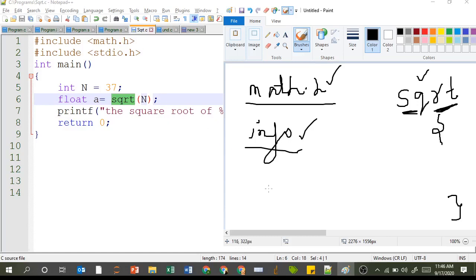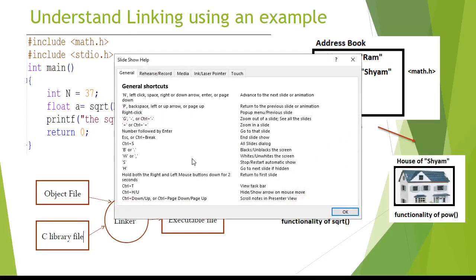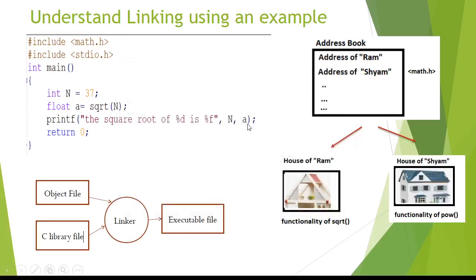Right? So let's understand this again. Let's take this example where we have an address book, and let's say in the address book we have the address of Ram and the address of Sham stored. But the actual house of Ram and the actual house of Sham are located somewhere else.